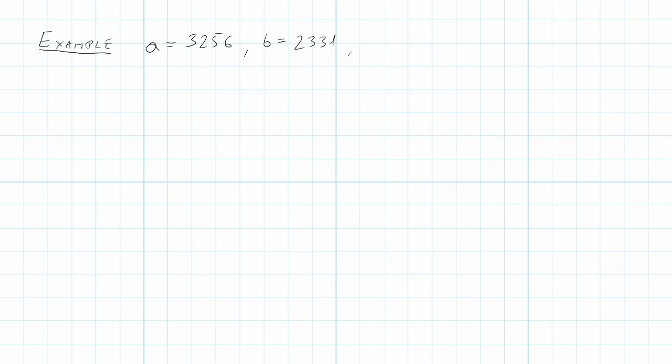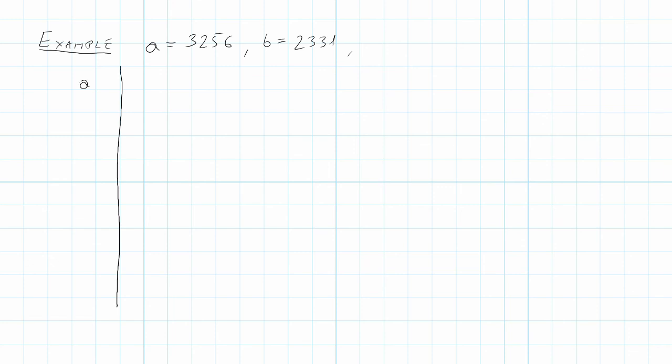Nevertheless, now we have a little more columns in our table. As before, we will have the column A, which corresponds to the values of A. Okay, let me just draw it.